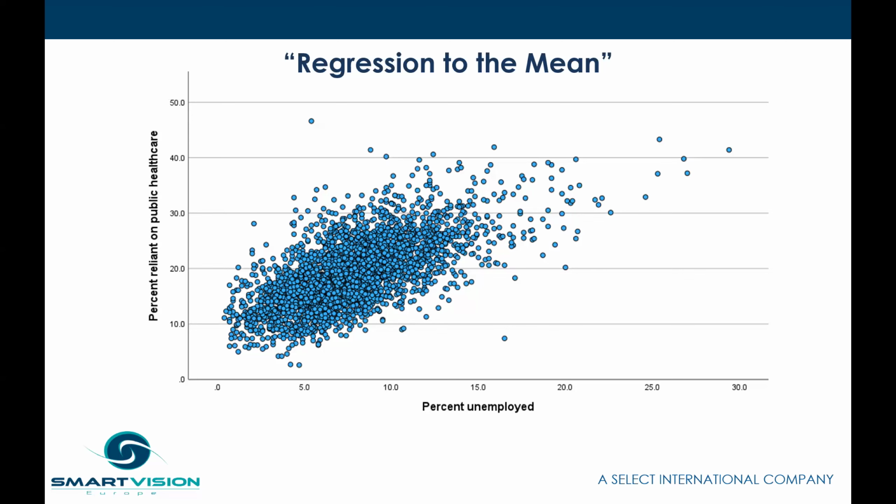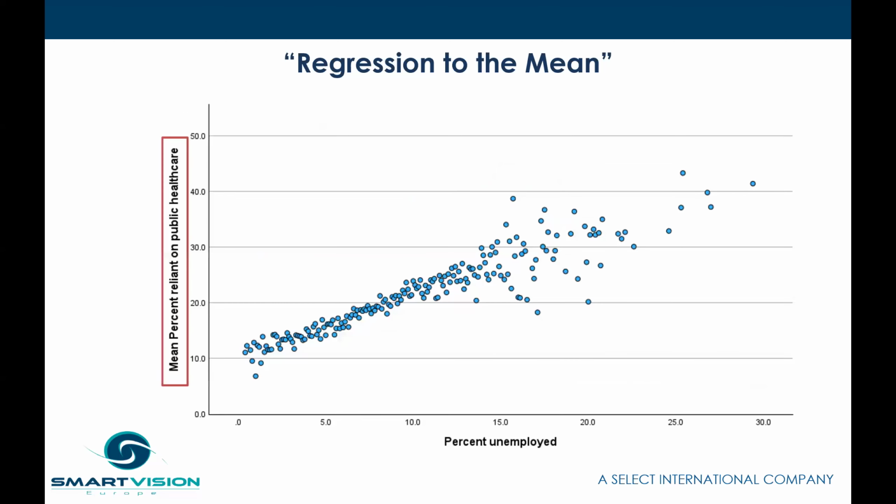So it's not a terribly surprising relationship here, but we could actually average one of them. If I took the average, the mean percent reliant on public healthcare as opposed to the individual value, just the mean, you can see that this relationship starts to become much more linear. So hence regression to the mean.